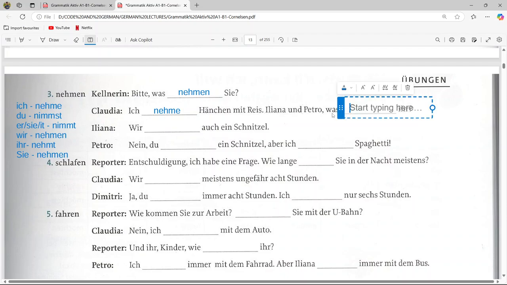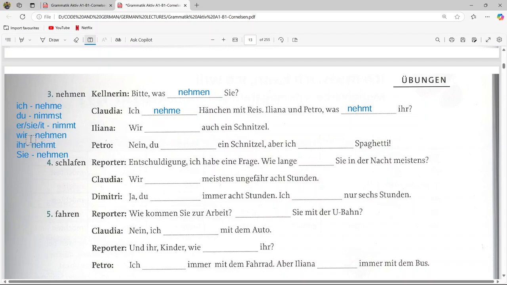So was, the pronoun is ihr, so was nehmt ihr? So what will you guys take? Now Ileana is saying that we will also take the schnitzel. So schnitzel is like a pork item.